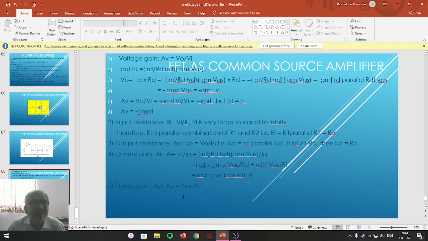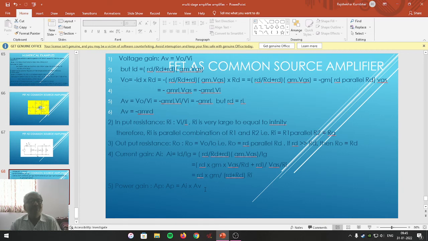Thus, by using the small signal model of FET as a common source amplifier, we have analyzed the entire amplifier circuitry with respect to the calculation of the voltage gain, its input resistance, its output resistance, its current gain, and also its power gain.